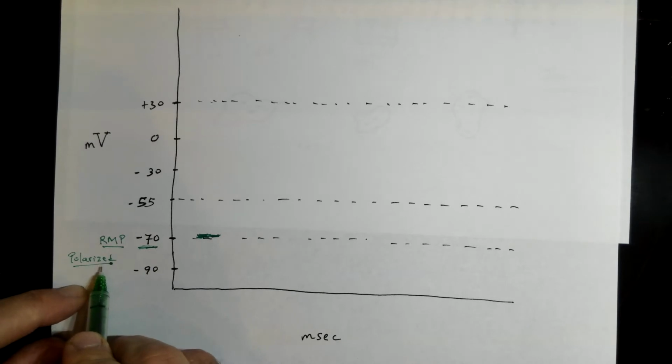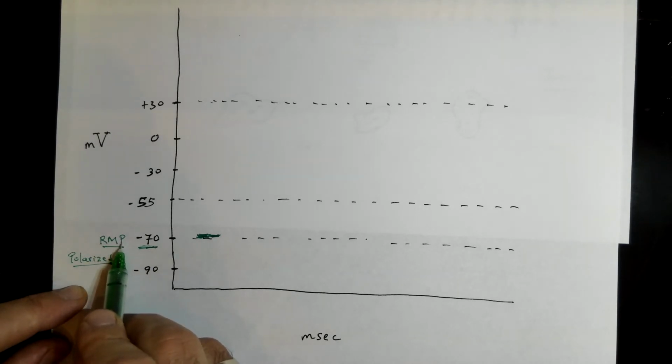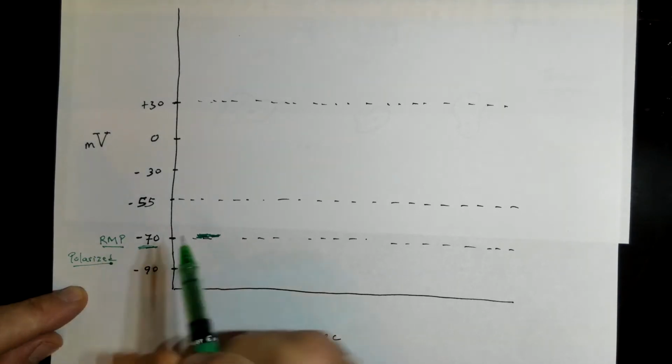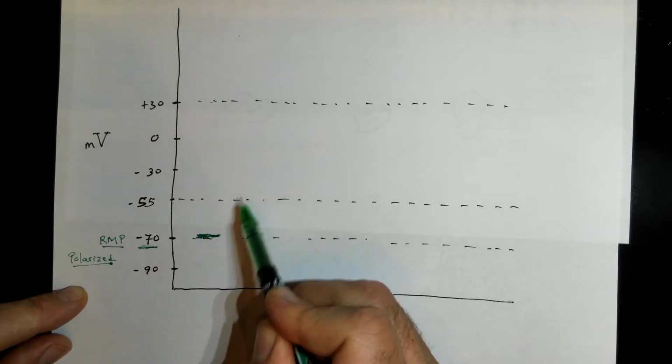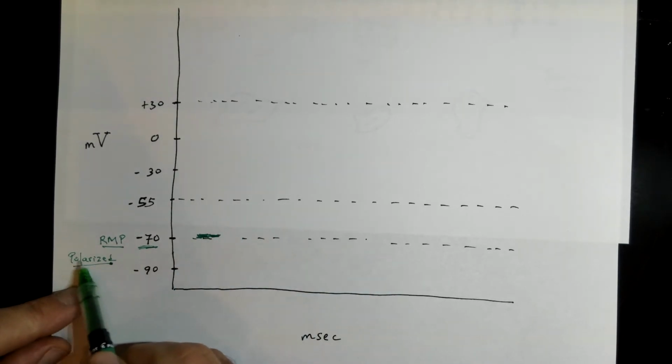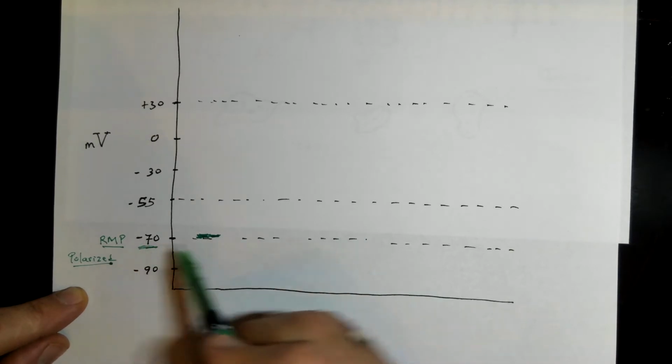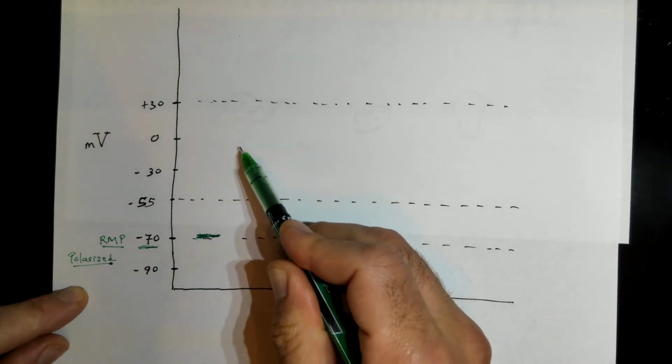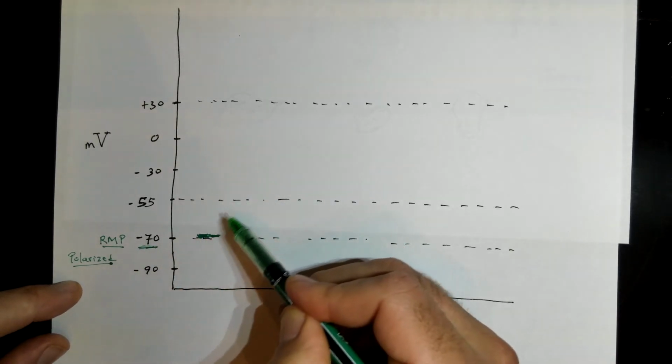meaning it's polarized. We also use the word potential for resting membrane potential because the idea is that we have a potential ability to depolarize. In other words, to go from this negative and to start moving towards zero, and that would be a depolarization.